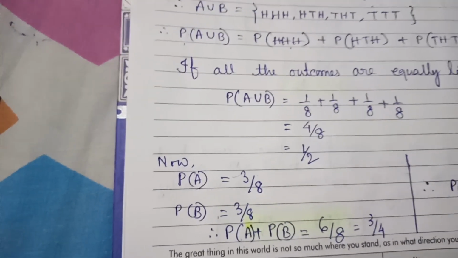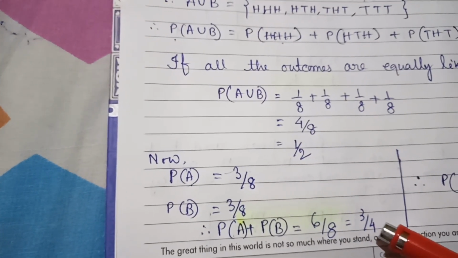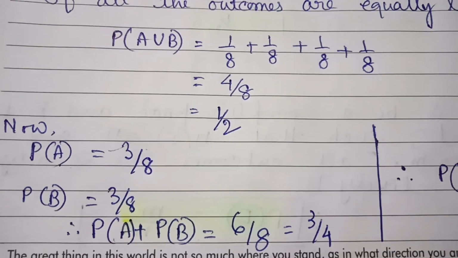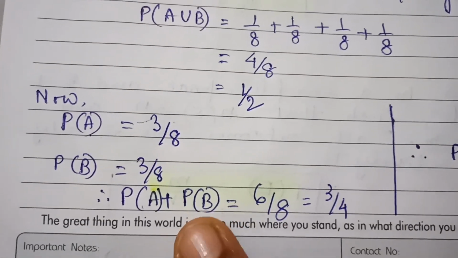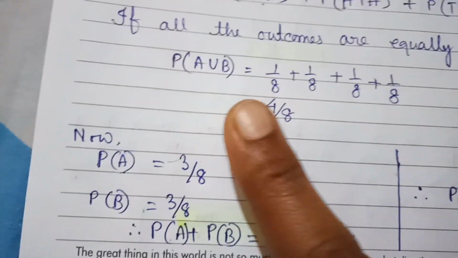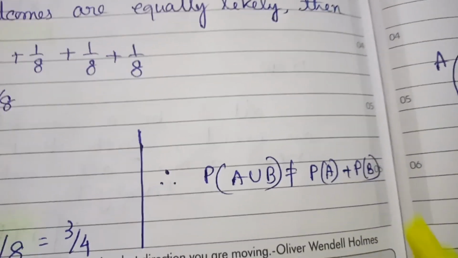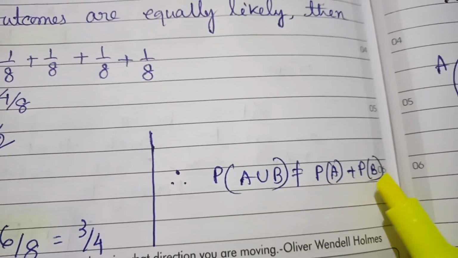Now look at this, half and 3 by 4 are not equal. So from here we can say that P of A union B is not equal to P of A plus P of B.